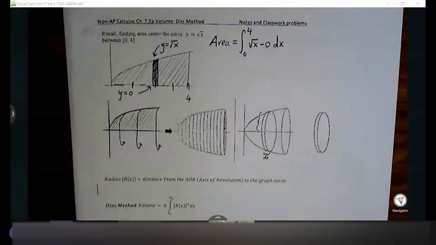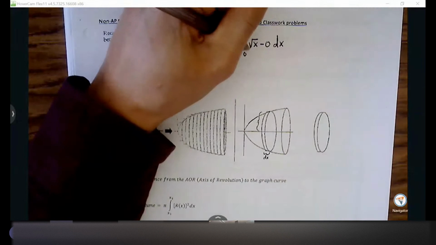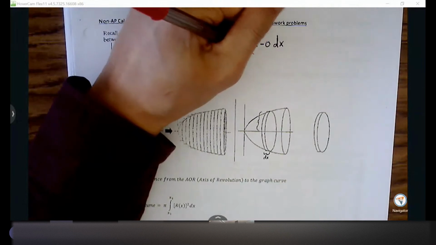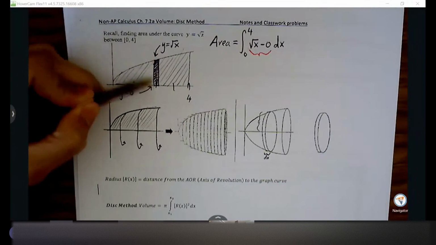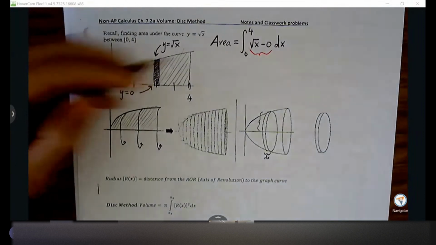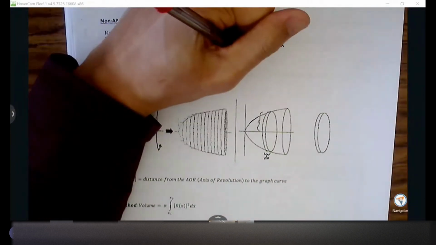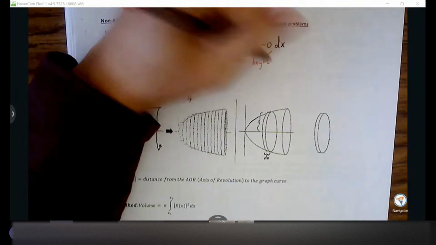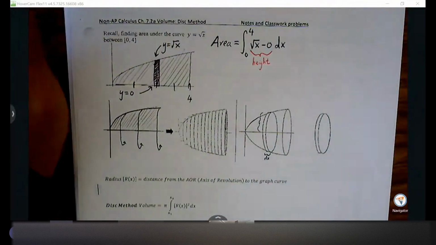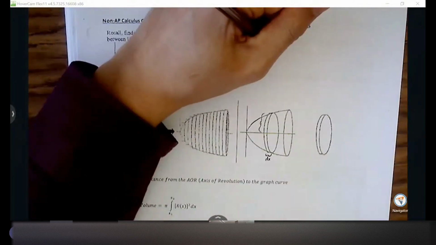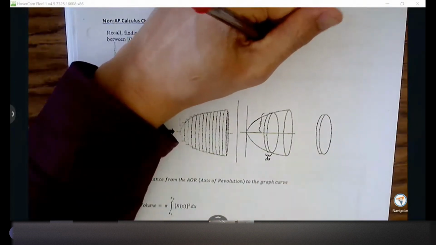There is a height and width component that we have here. So this root x minus 0 is that vertical distance, which will represent the height of one of the rectangles. And then dx represents the fact that we're finding the integral with respect to x, but it also has that component of the width.